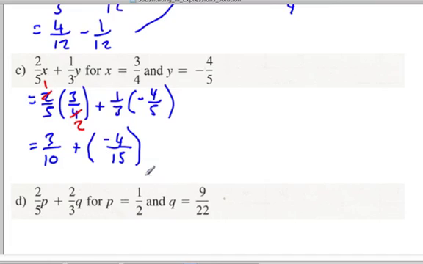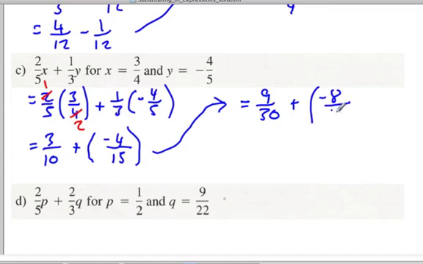Common denominator here is going to be 30. So if I bring this up here, this is equal to 9 over 30 plus negative 8 over 30. So I found a common denominator, which is 30. We add the numerators. 9 plus negative 8 is 1 over 30.